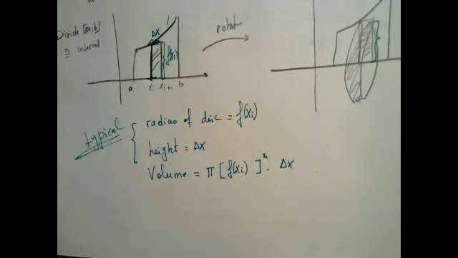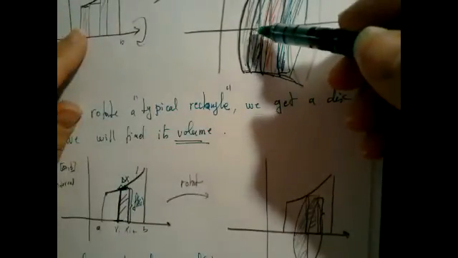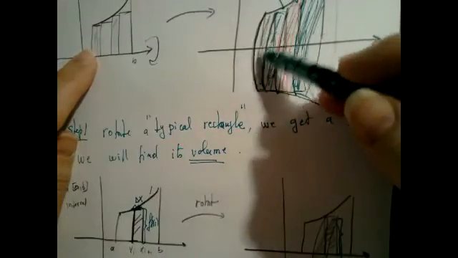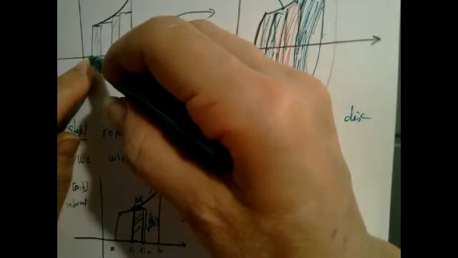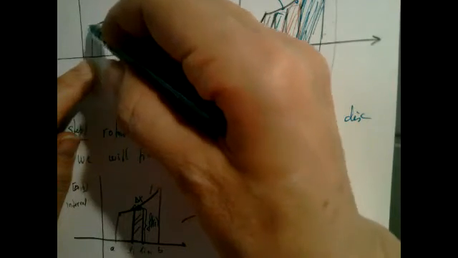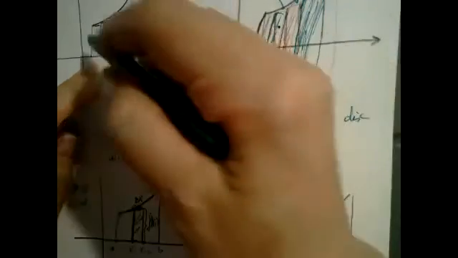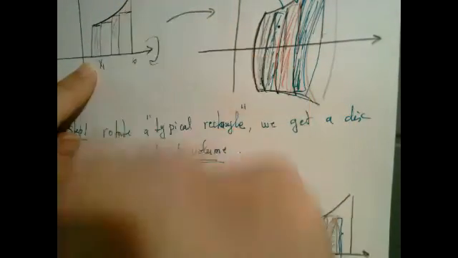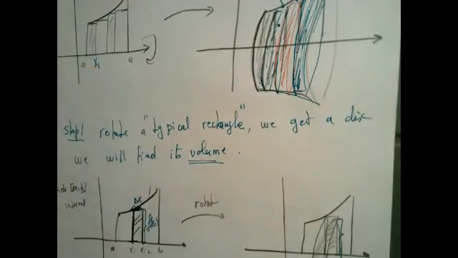That's for every disk. When I rotate this, I get this disk, and I know its volume: pi times f of x0 squared times delta x. For the next one, it's pi times f of x1 squared times delta x, and so on and so forth.